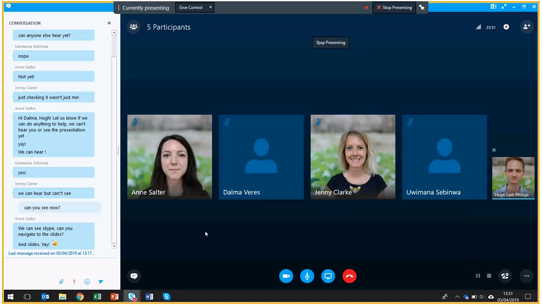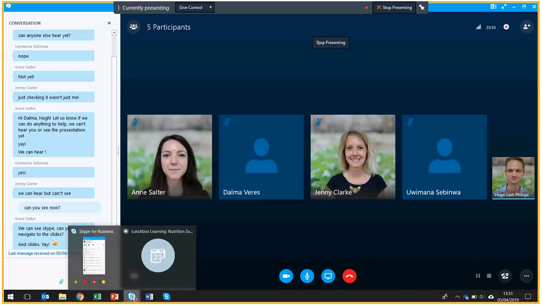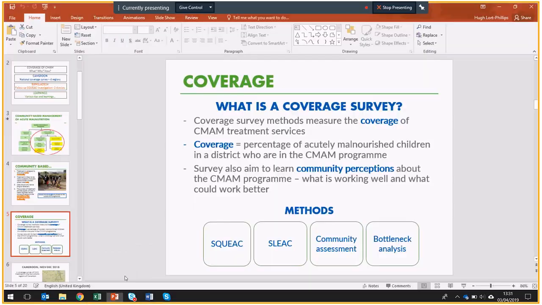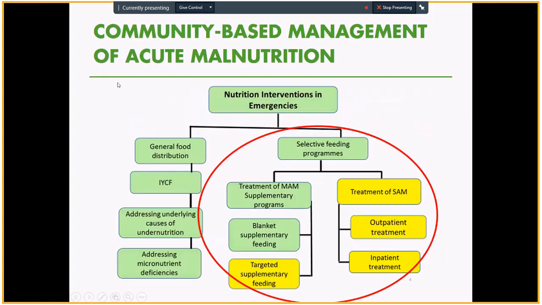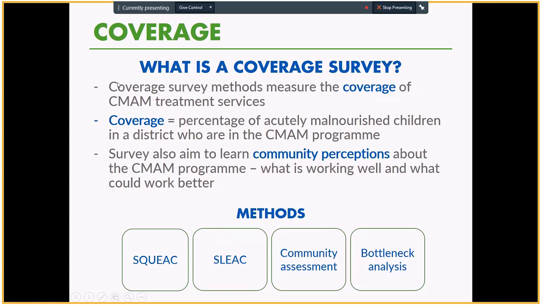So yeah, for treatment of acute malnutrition, we look at different contexts, specifically in rural contexts. Coverage is considered acceptable if it's greater than 50%.